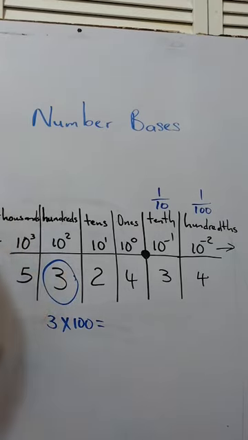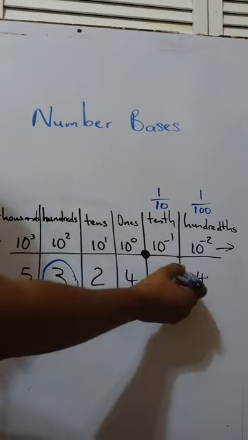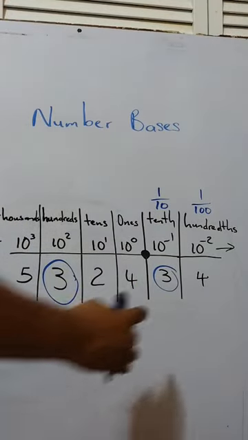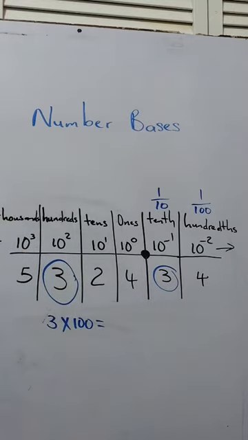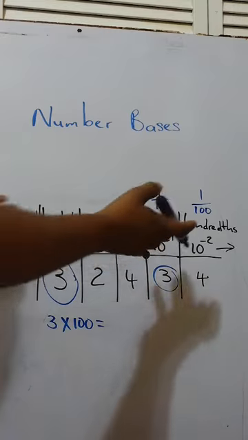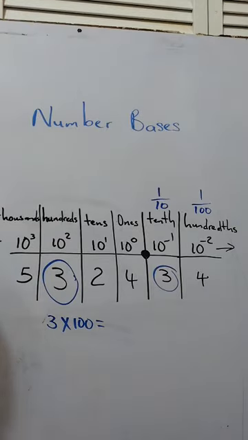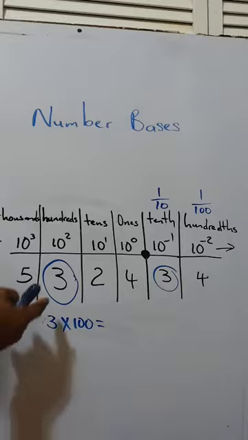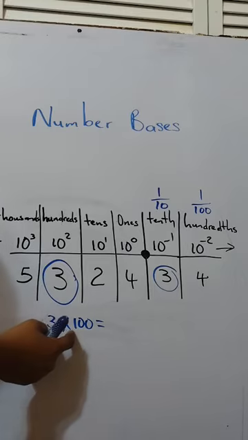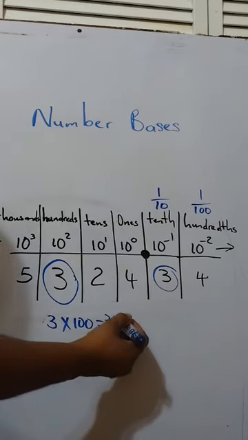So I'm going to take you over here now. What then would be the value of the 3 here, and why are they different? The position that the number is in on the place value chart will determine the value of the number. The 3 is in the hundreds column, so it's 3 times 100, that gives me 300.